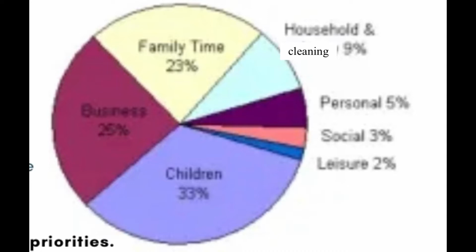So if one part of this pie chart increases, then all of the other parts, or maybe only one part of the pie chart, will have to decrease to make sure your amount still equals 100%. So that is how you would maintain that balance.